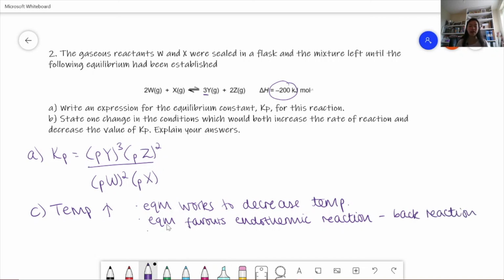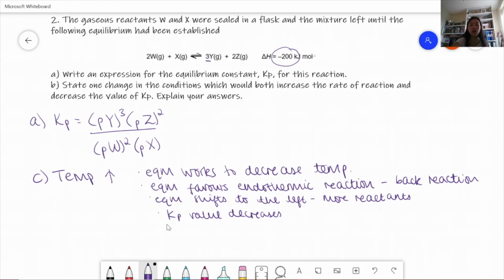So we know that equilibrium shifts to the left, and therefore we have more reactants, and so the Kp value decreases.